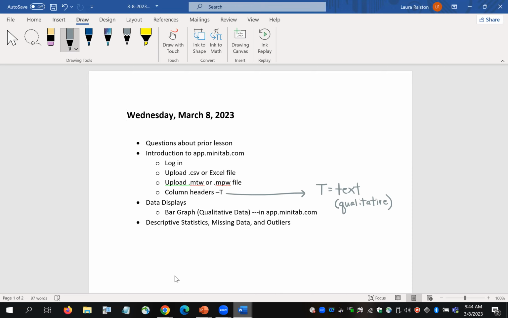Another one that you might see, sometimes you'll see a D. D stands for date. So if you've entered something that represents a date, Minitab uses the letter D for date. Again, that is likely going to be qualitative data, even though it may be numbers. It's considered qualitative data, and Minitab is not going to let you perform calculations on that list.